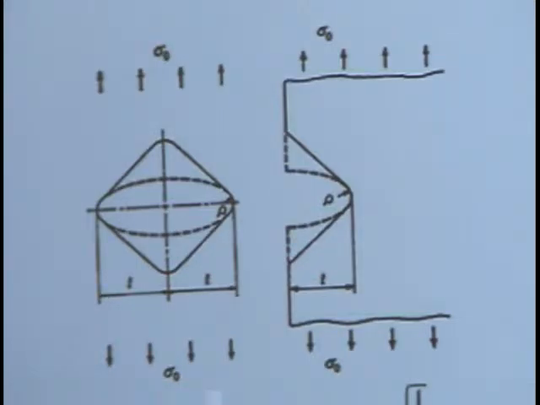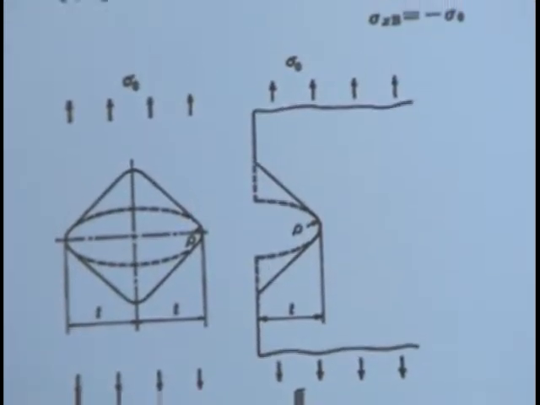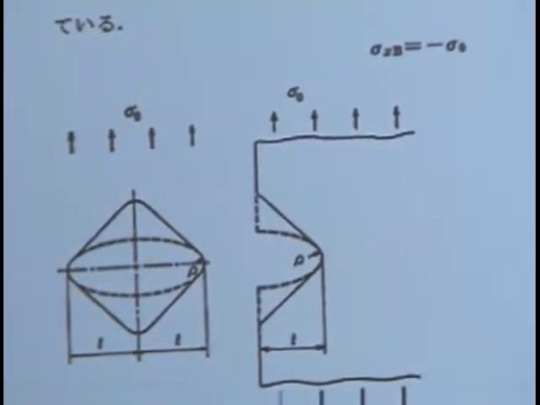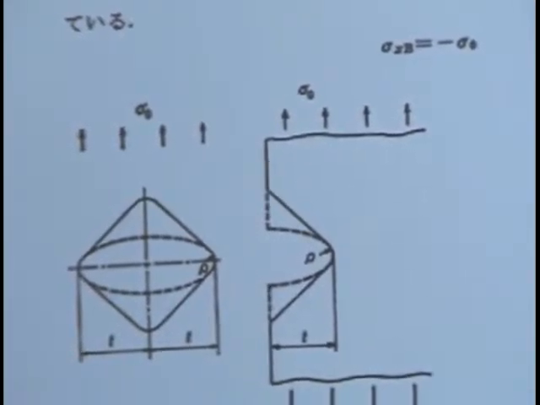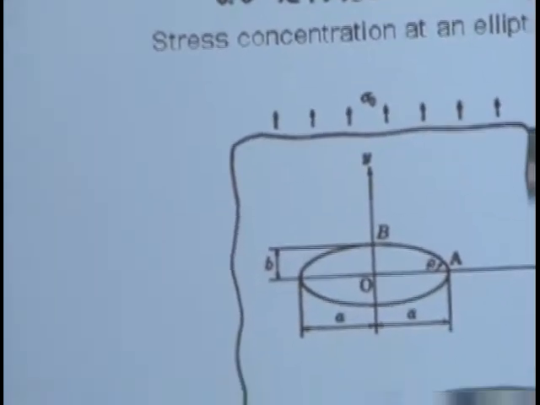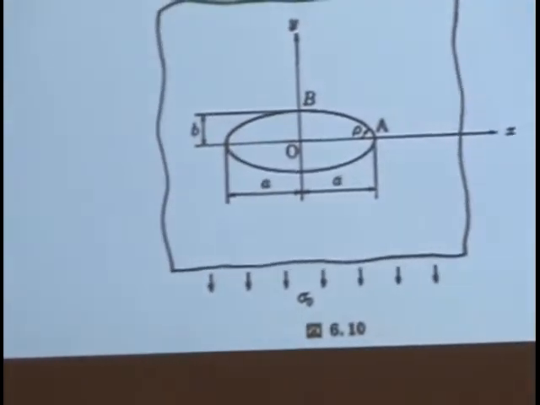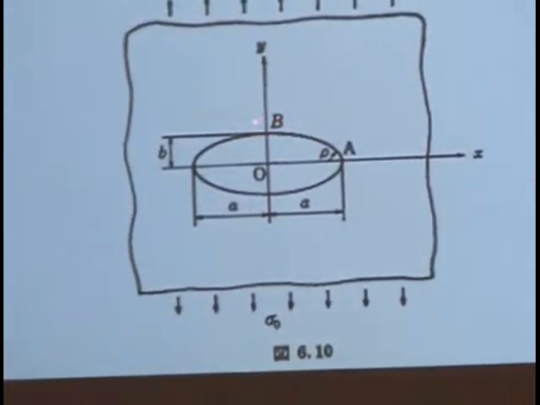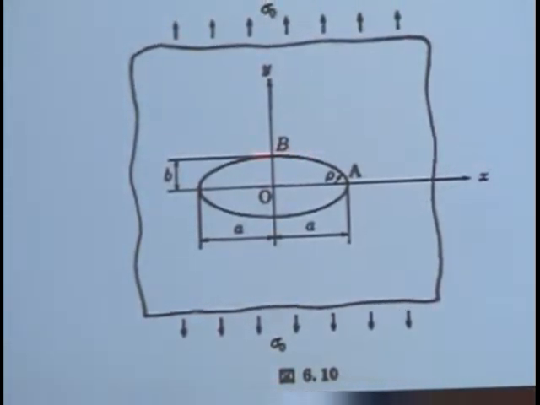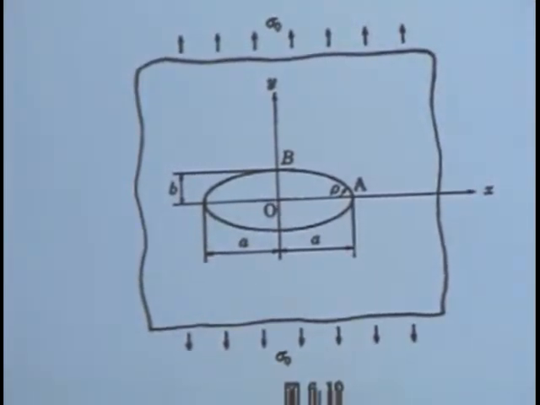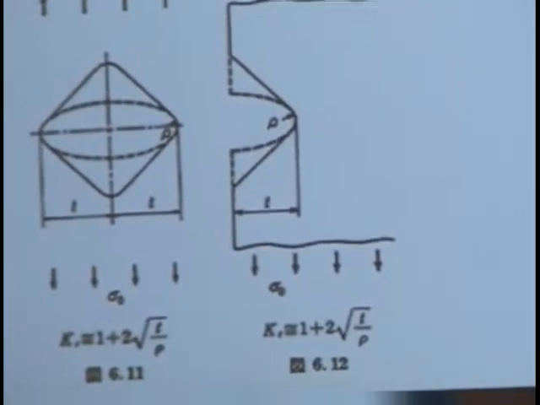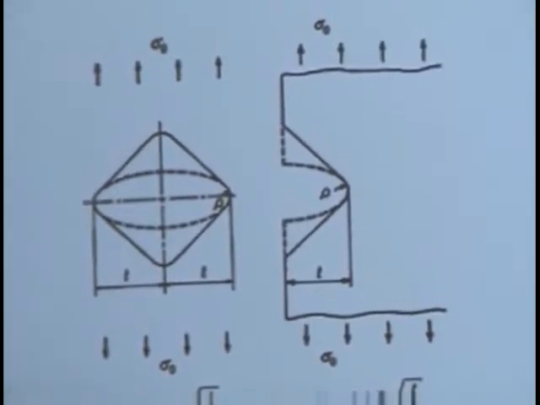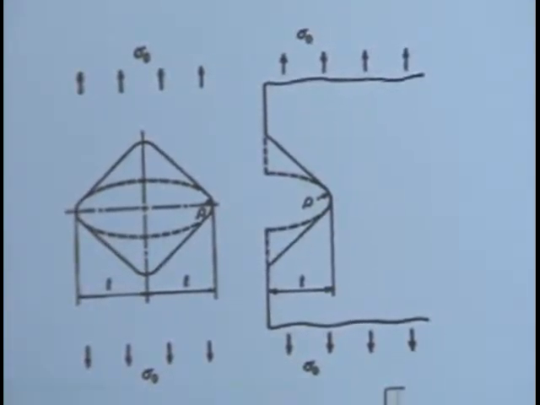It's surprising, because in the case of a circular hole, we had minus sigma 0. So regardless of the values of A and B, the sigma x in this direction is always minus sigma 0. So remember this. This is very important. Now this is a complete solution for the elliptical hole.